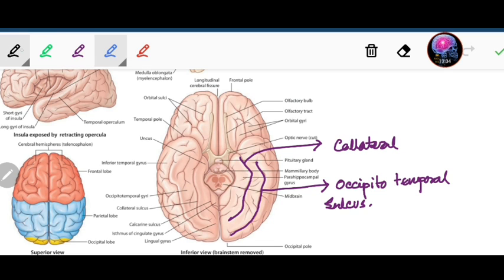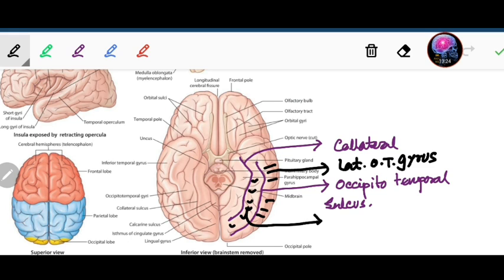So the three gyri that result from these two sulci are, first, the lateral occipito-temporal gyrus, then the medial occipito-temporal gyrus, and most medially the parahippocampal gyrus.